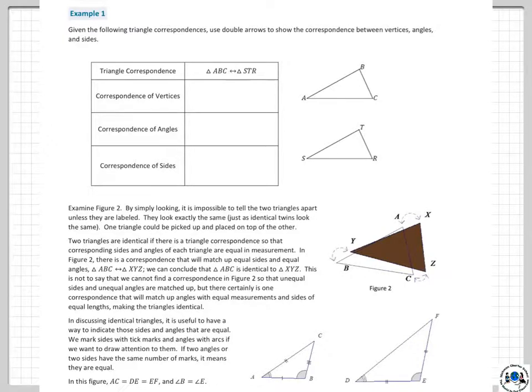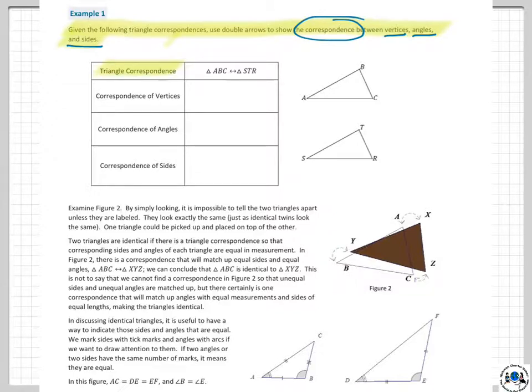Okay, so here we go. Here's example 1. Given the following triangle correspondences, use double arrows to show the correspondence between vertices, angles, and sides. And again, the first thing we need to see here is our triangle correspondence.